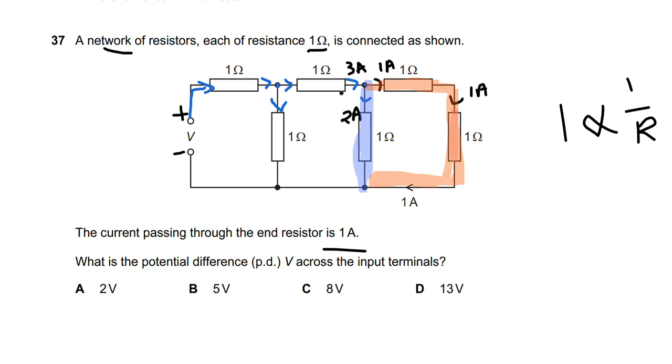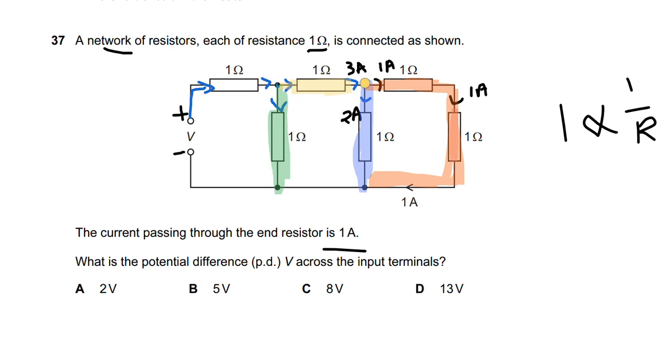We're going to apply very similar logic to the rest of the circuit. As we arrive at this junction, the current again has 2 options. It could go here where there's a single resistor, or it could go here. The only difference is that this path is not just a single resistor.